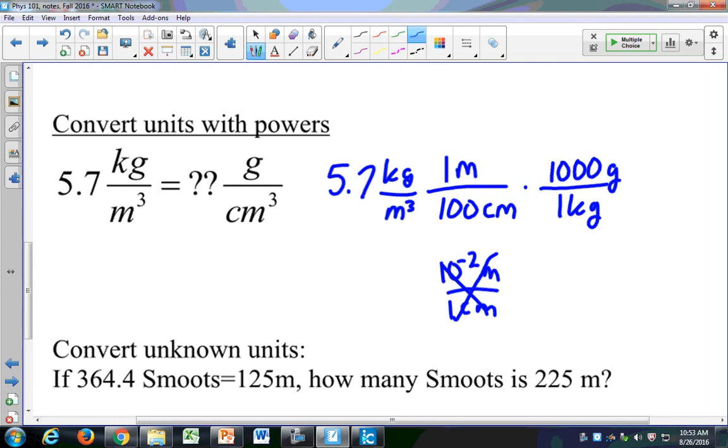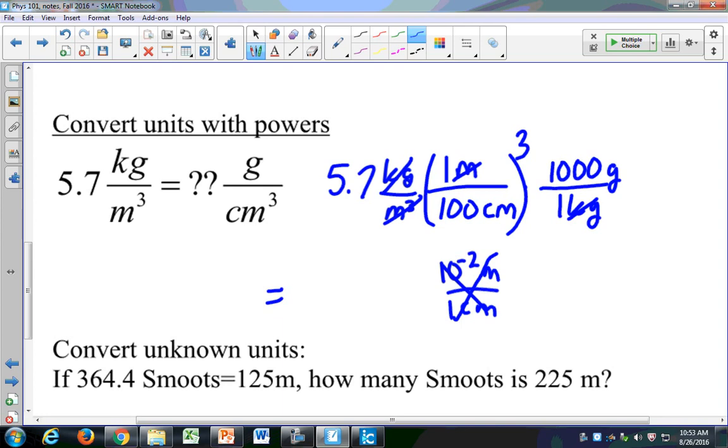Right. I have a meter here, but I have meters cubed here, so I don't cancel them out. So in order to do this conversion, I have to cube this conversion factor. And then that'll give me the appropriate answer, with kilograms cancel, cubic meters cancel, in grams per cubic centimeter.